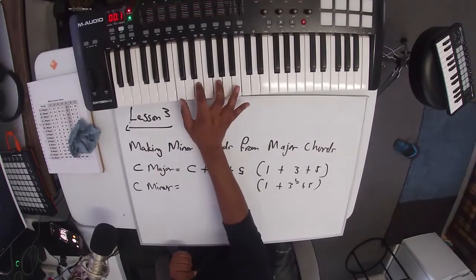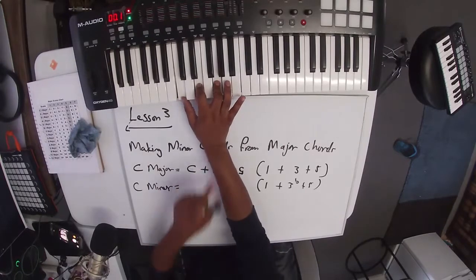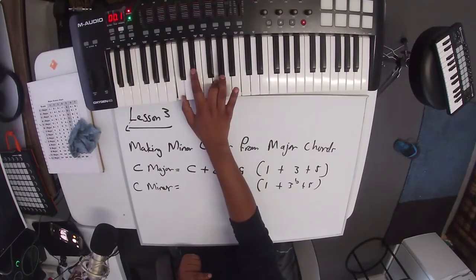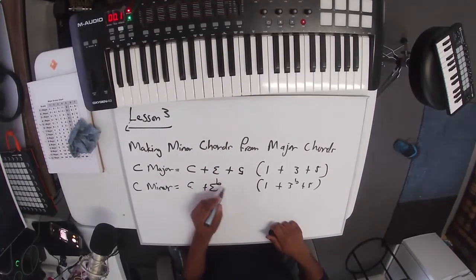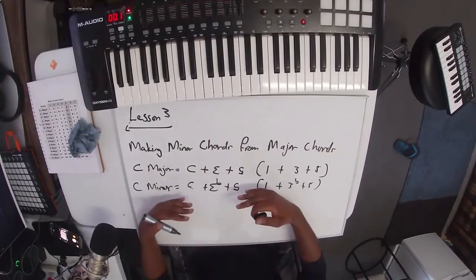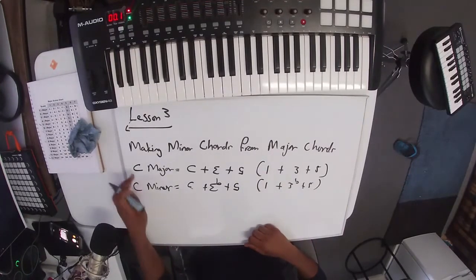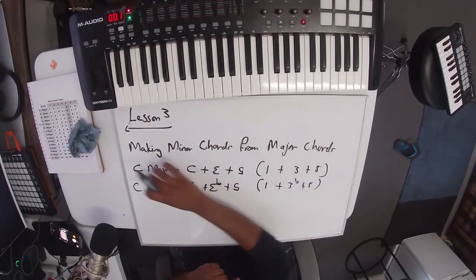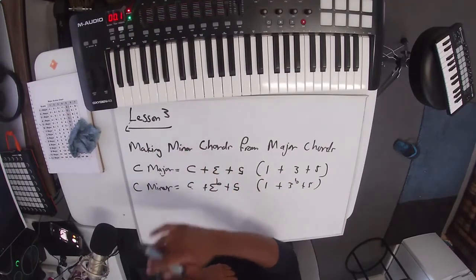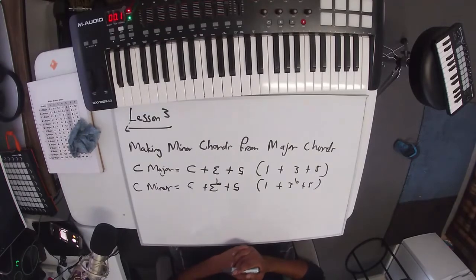So that would be C plus E flat plus G. So this method works if you know how to make a major chord.